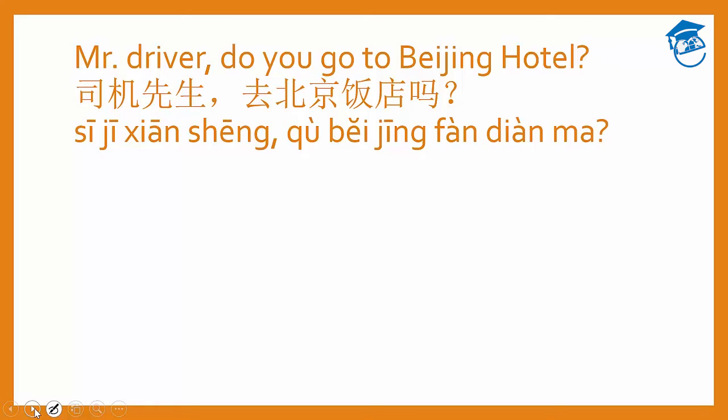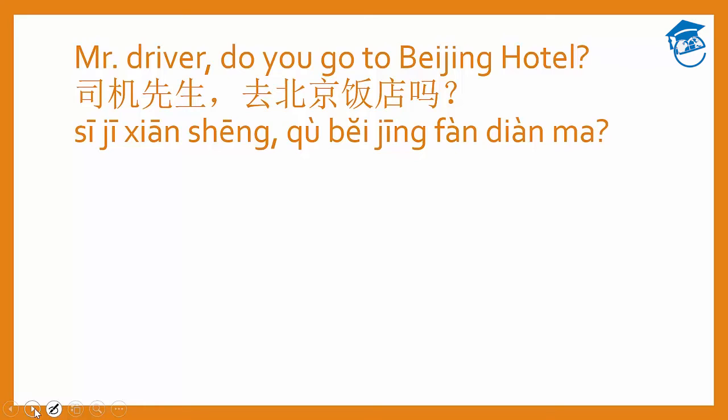Okay, so you have learned that driver is 司机 and 先生 is Mr., but it also can use as in husband. But in this context, it is Mr. Okay? 去北京饭店吗? In direct translation, it's go Beijing Hotel.